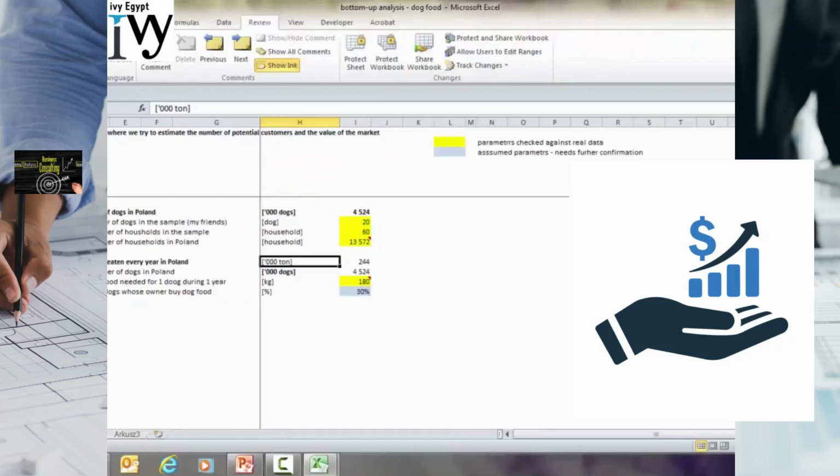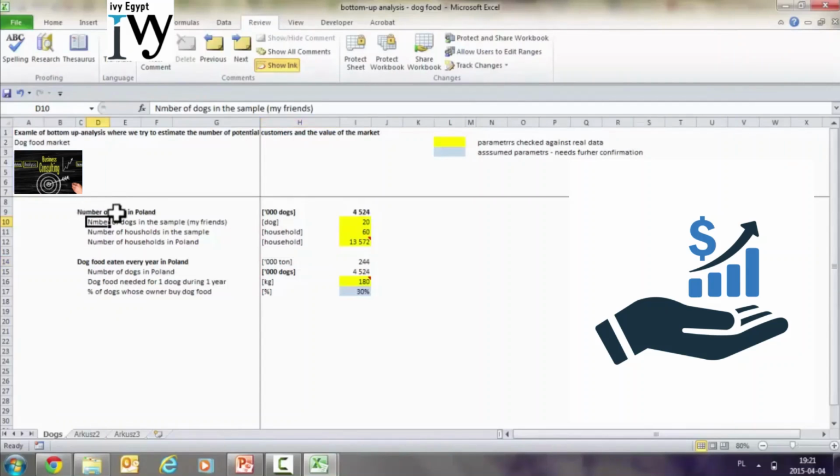In Excel, we do it exactly as it was shown in PowerPoint. So we first estimate the number of dogs in Poland. We get the number of dogs in our sample, then we look at how many households it is, and then we get from statistical data how many households there are in Poland, and on the basis of this we get the number of dogs, which is like 4.5 million dogs.